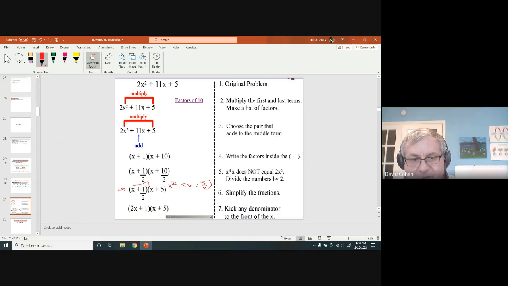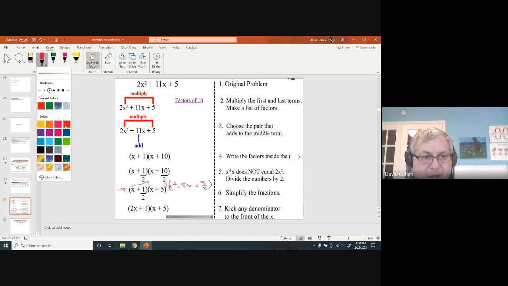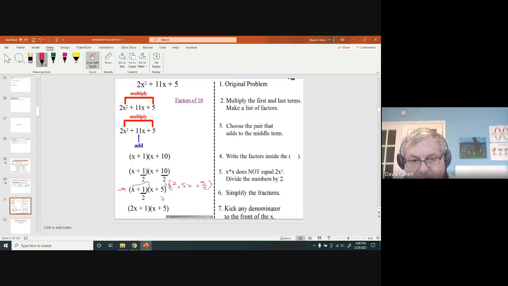And all of this, because we factored out a 2, is our last step. So we're going to multiply everything inside the parenthesis by 2. And we get 2x squared. And now we'll distribute this to the 5x plus 10x. And then 2 times 5 over 2, the 2's cancel, and that'll be plus 5.